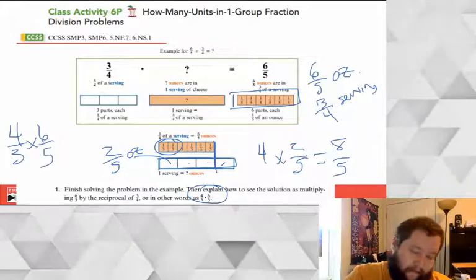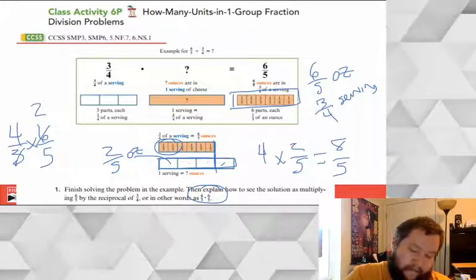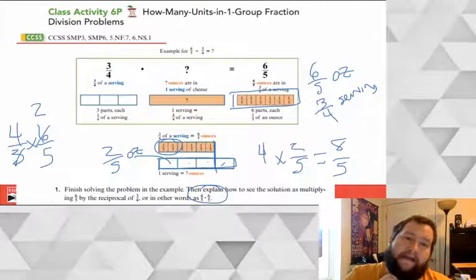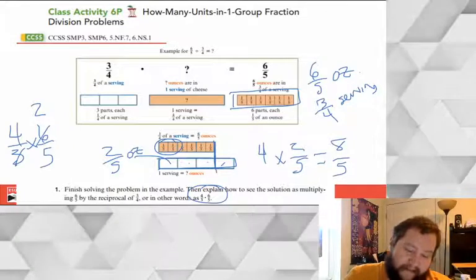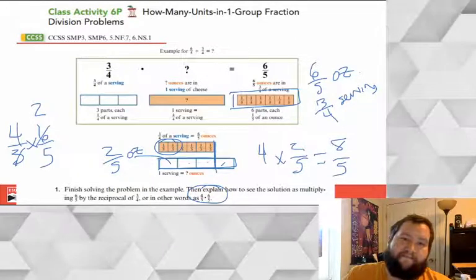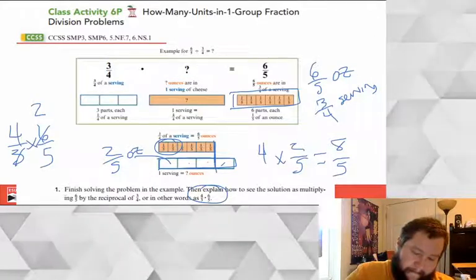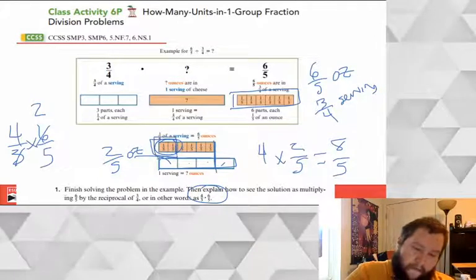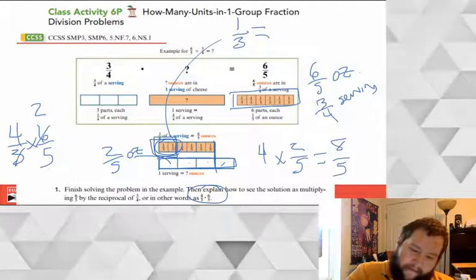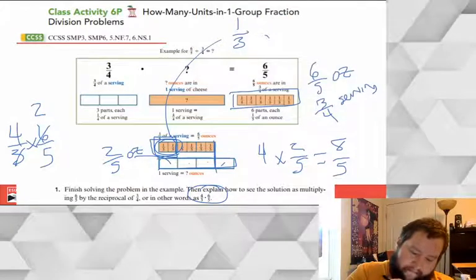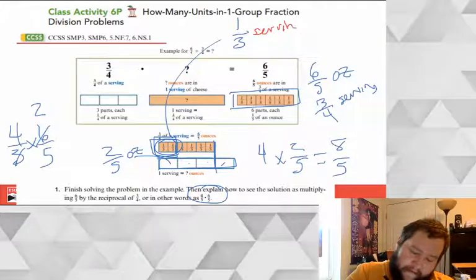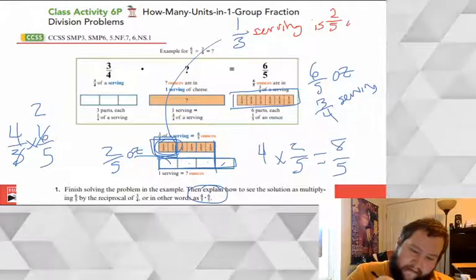Well, I did the equivalent of 4 times 2, which is 8/5, which means that my 4/3 times 6/5 must be somewhere in here. 1/3 is, and so this is this piece, 1/3 of a serving is 2/5 of an ounce.